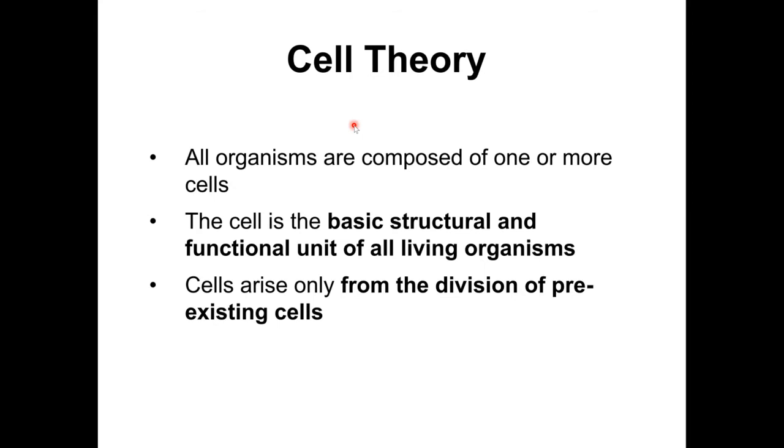All life exists with cells in it. There is no such thing as a living organism that is not made of cells. Viruses, again, I stress, are not living organisms. And not only are all living organisms made of cells, but also new cells can arise only from previously existing cells. So this is the cell theory that all these scientists, combining their evidence and observations, came out with.